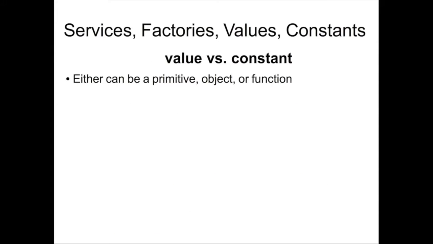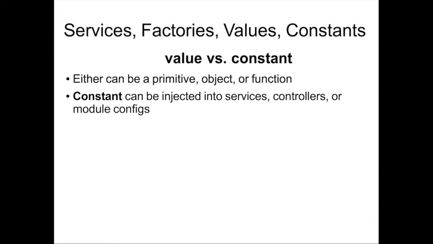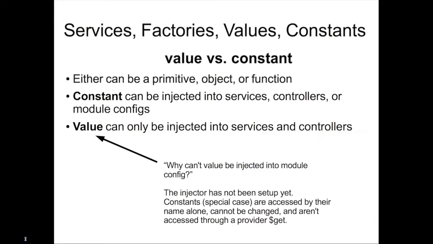Value versus constant. Either can be a primitive, an object, or a function. Constant can be injected into services, controllers, or module configs. However, value can only be injected into services and controllers. So why can't the value be injected into a module config? It's because the injector hasn't been set up yet. Constants are kind of a special case.